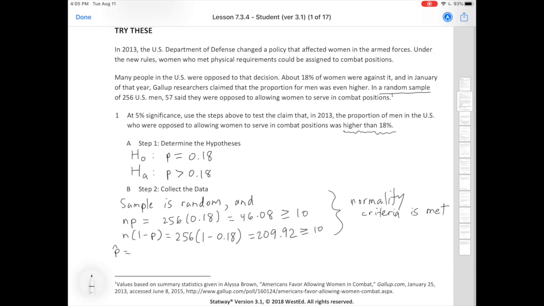And so that's going to be how many men in the sample actually were opposed to allowing women to serve in combat positions. It says 57 out of 256. So I'm going to write 57 over 256, and let's see what that equals in our calculator. I get 0.22. I'm going to round it up because of the next number, so 0.223. Okay, so we have our p hat.